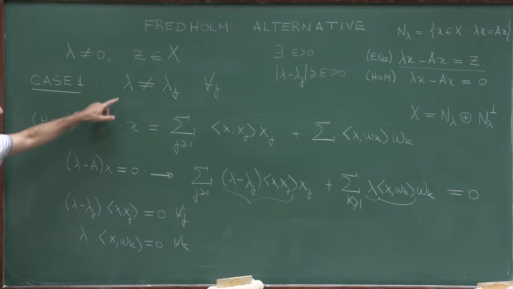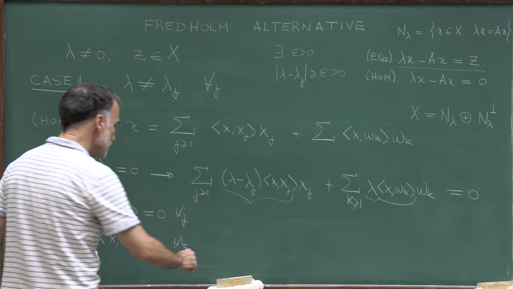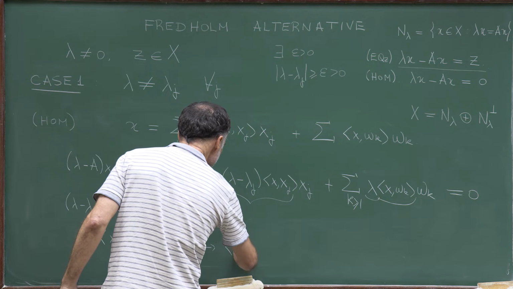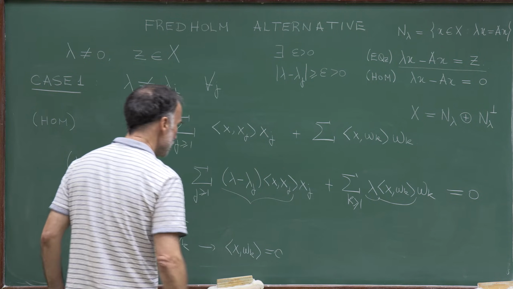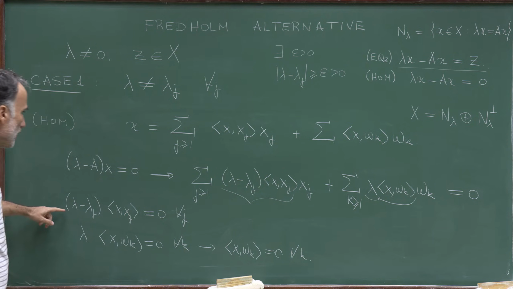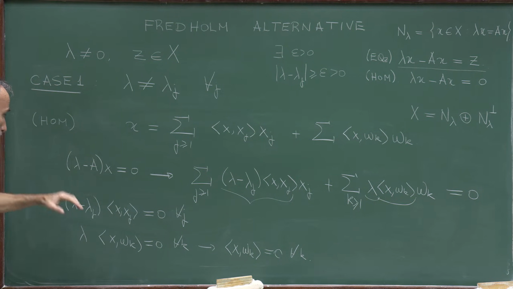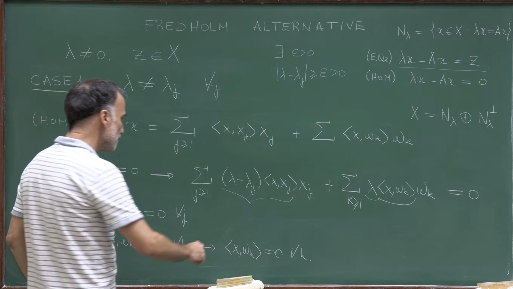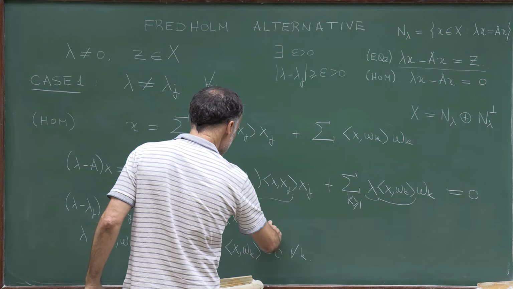So since lambda is different from 0, from this equation we deduce that the scalar product of x with w_k is equal to 0 for all k. And since lambda is different from lambda_j for all j, from this equation we deduce that the scalar product of x with x_j is equal to 0 for all j.